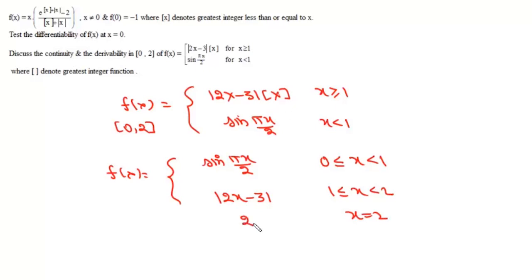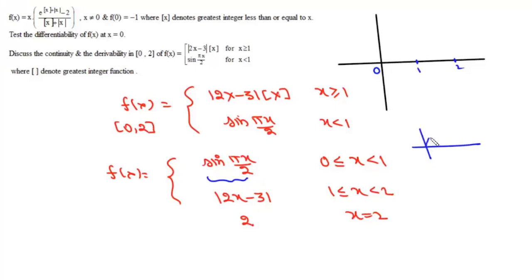Now we'll draw the graph of f(x). This is 0, 1 and 2. Now first we'll draw the graph of sine pi by 2 x. Now for sine pi by 2 x, we just have to draw the graph of sine x. So it is 0, this is pi, this is 2 pi, and we have to divide everything with pi by 2.